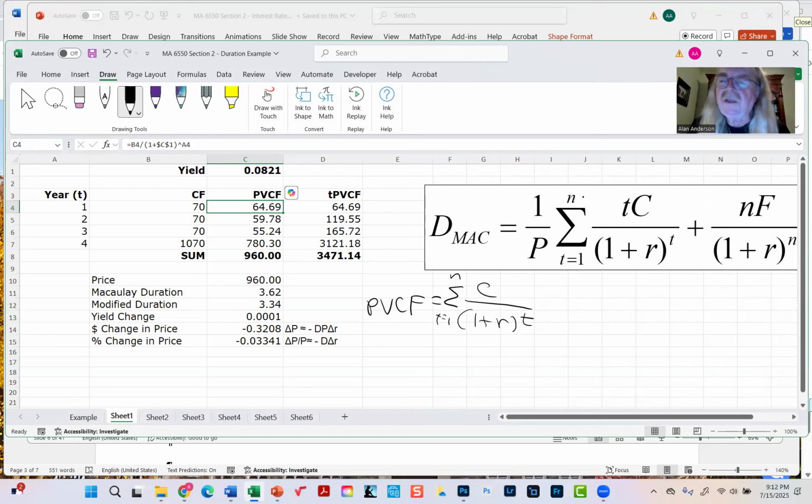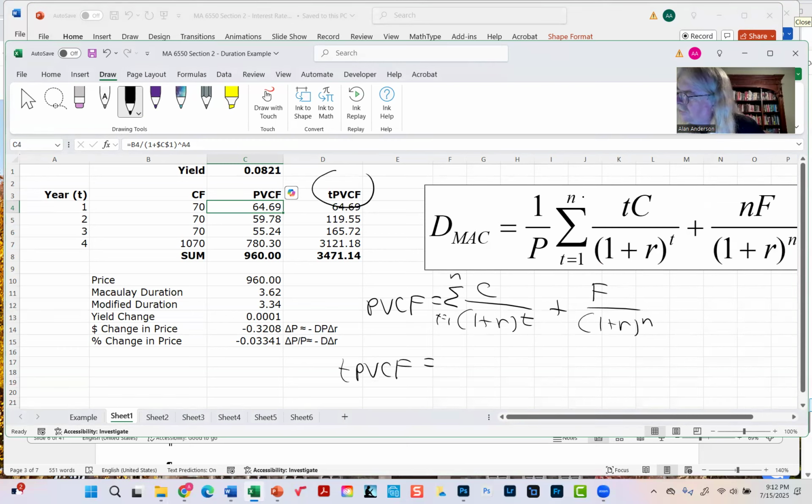No, it's what you would have without the T. The T is the time element. And then you also have this one. So when you add the T here, these become time-weighted cash flows.